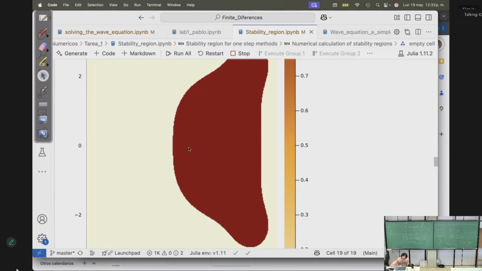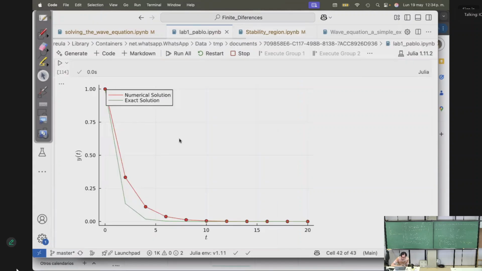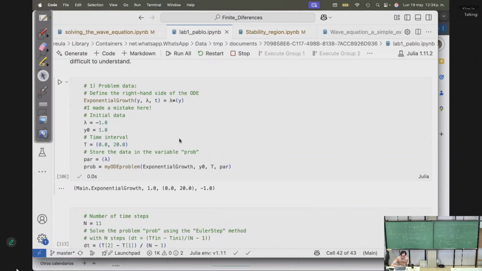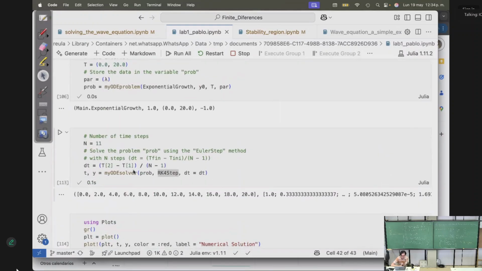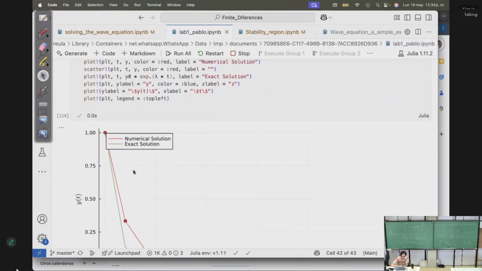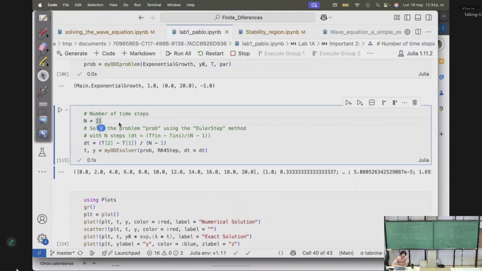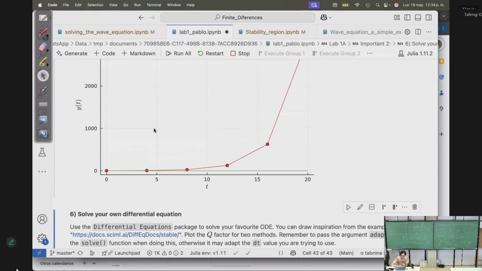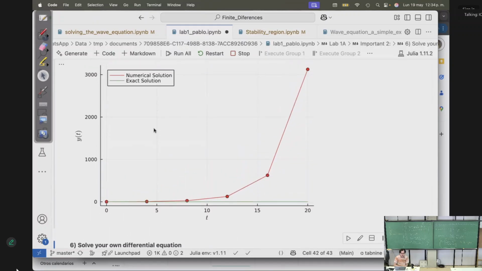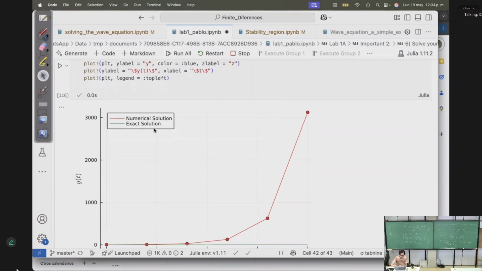But it will only help us so far, right? If we continue to do the same thing with the delta t value with the Runge-Kutta, and here we go to 5, 6, then we see that we start to diverge in a problem where we were supposed to be smaller and smaller each time, okay?